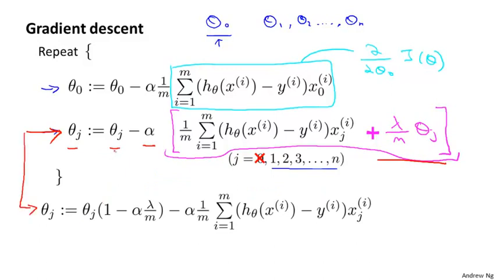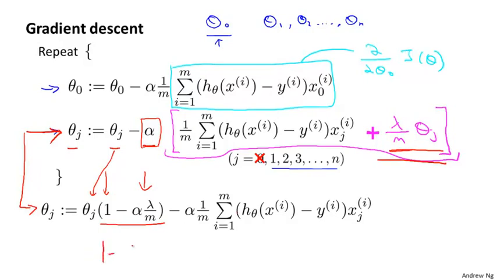All I did was write theta j as theta j times 1, and this term is lambda over m. There's also an alpha here, so you end up with alpha lambda over m multiplied into theta j. And this term here, 1 minus alpha times lambda over m, is a pretty interesting term. It has a pretty interesting effect.